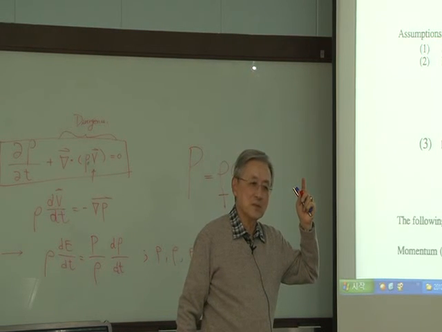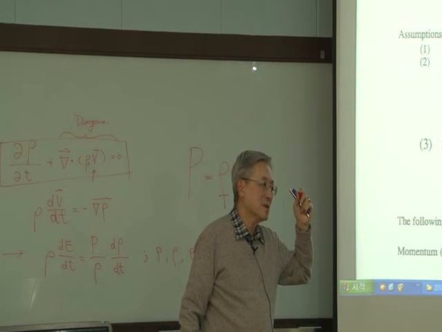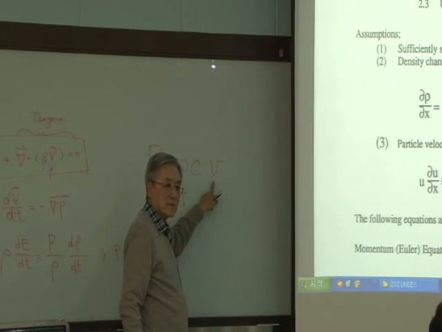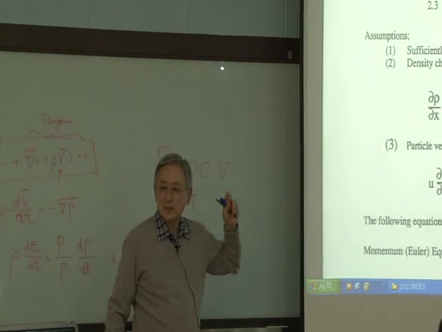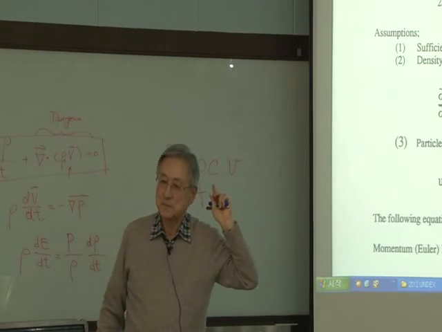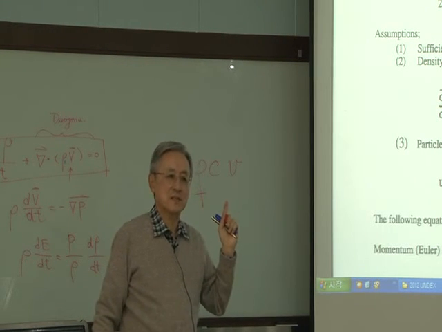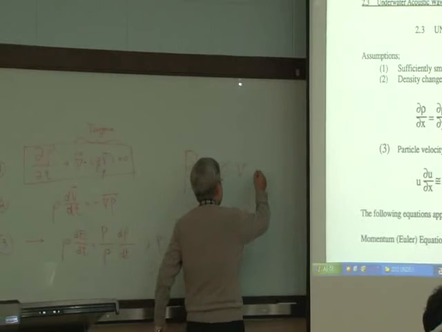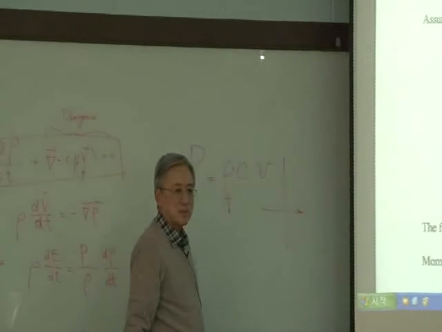Acoustic velocity in the water, which is about 1,500 meters per second. And V is what? Abdullah, what's the V there? Particle. See? Fluid particle velocity. Very important. This is good for the plane wave. Okay, plane wave.